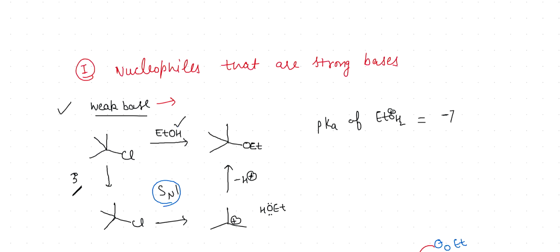Ethanol is a nucleophile. Look at the product. It is a substituted product. Okay. So it is undergoing the SN1 mechanism. First of all, the leaving group is removed. Thus, it forms a carbocation as an intermediate.